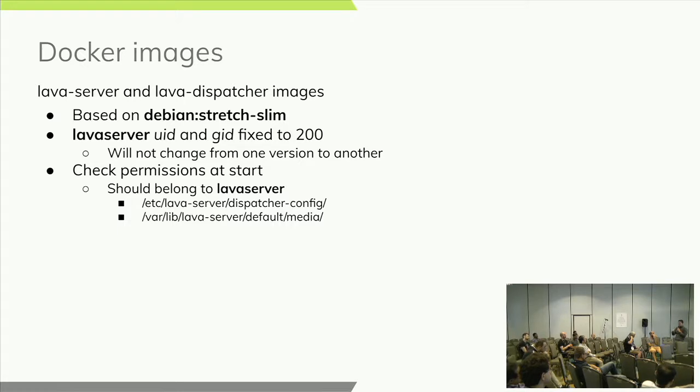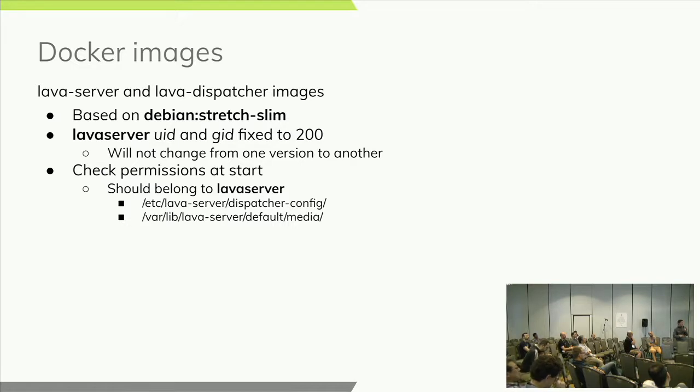It was 101 before, it will be 102. But if you keep the data from one Docker container to another, then you won't be able to write to it anymore. So we fixed it to a large number, 200. It's large enough normally, so we don't have to do that anymore. Some people had to do a chown and chgrp to change all the data.